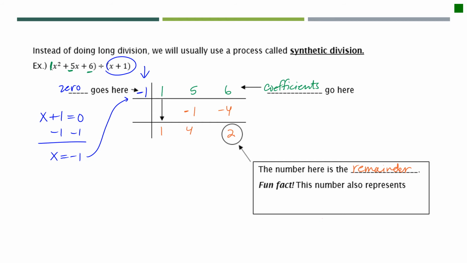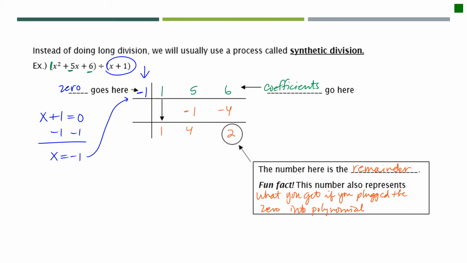So let me write this down. So if you plug that 0 into the polynomial, the remainder is what you would get as your answer.